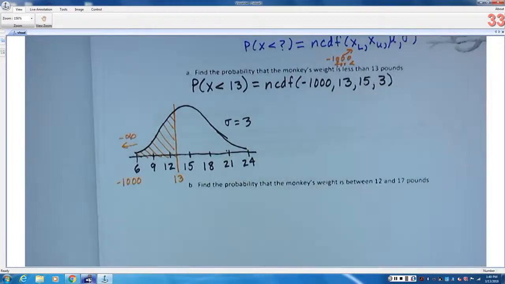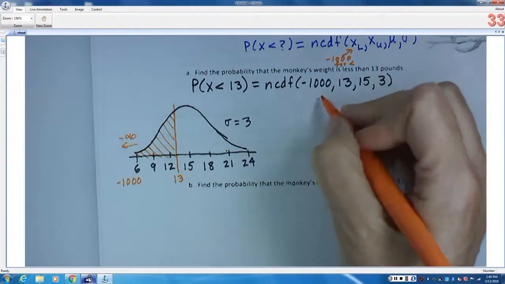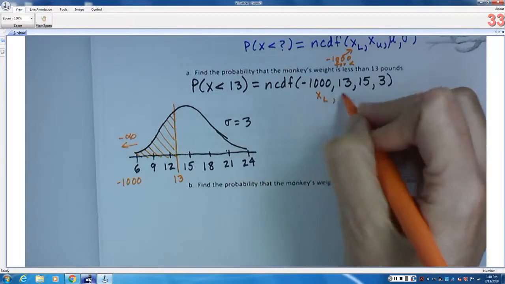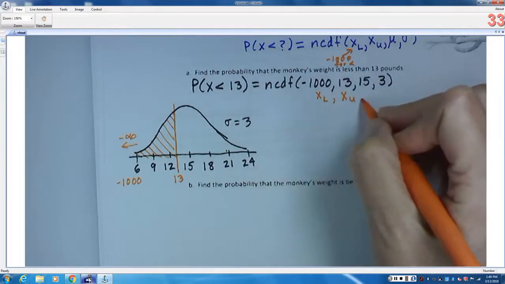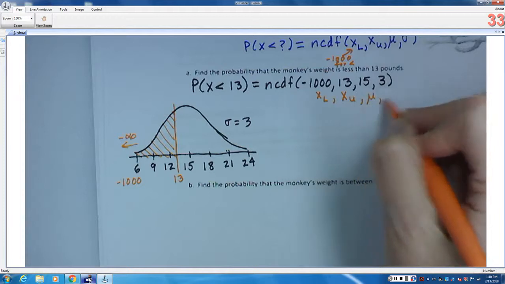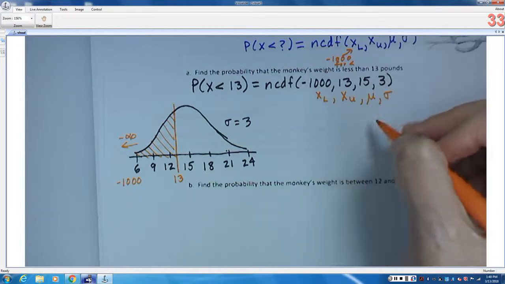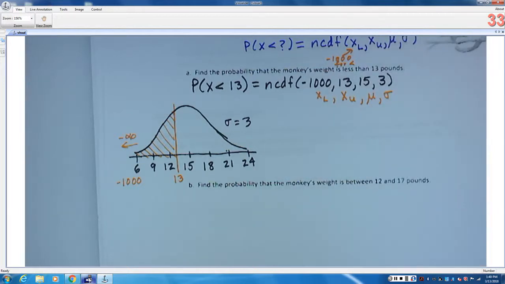So this is the lower limit of X, this is the upper limit of X, this is the mean of X, and this is the standard deviation. If you leave the mean and standard deviation off, it assumes you're using the standard normal curve Z, and it'll use a 0 and a 1 there. Okay?